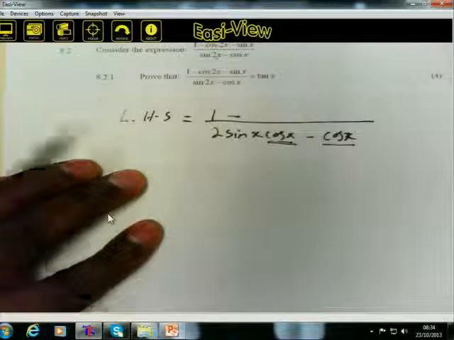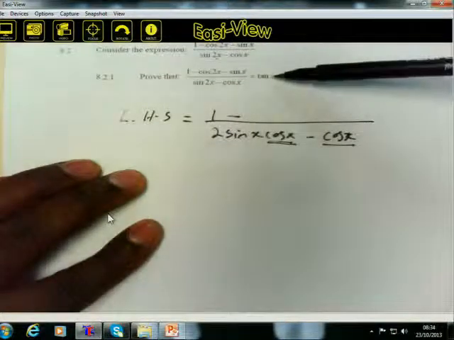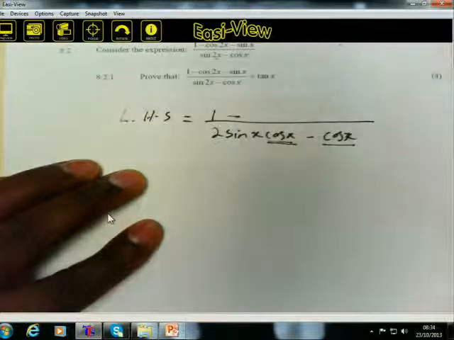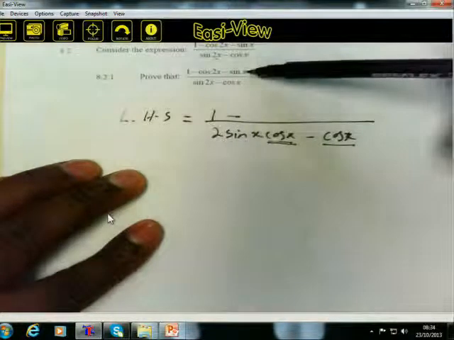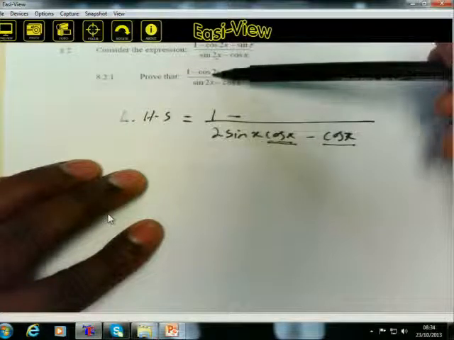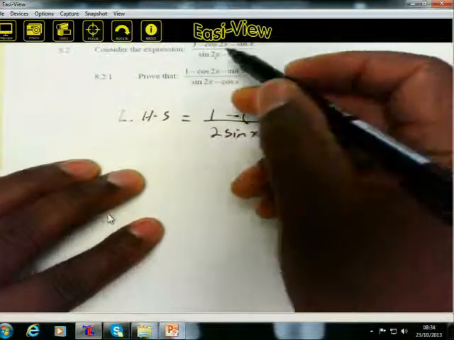Remember, the question states, prove that this is equal to tan x. So ultimately our answer must be tan x. How do we change this one? Because you already have sine there, I would suggest changing this one to sine as well. Remember, put in brackets first.